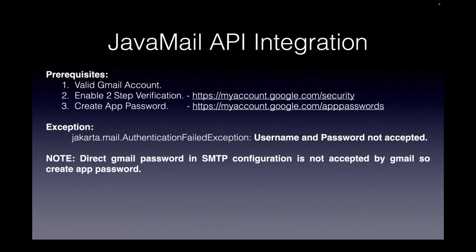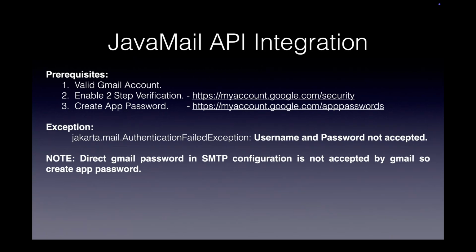If these two settings are not set up before executing the application, then you will get an exception in the application: username and password not accepted, because in the SMTP configuration the direct Gmail password is not accepted. The alternative is, first of all, to enable two-step verification and then create an app password. This app password will be used in the SMTP configuration.